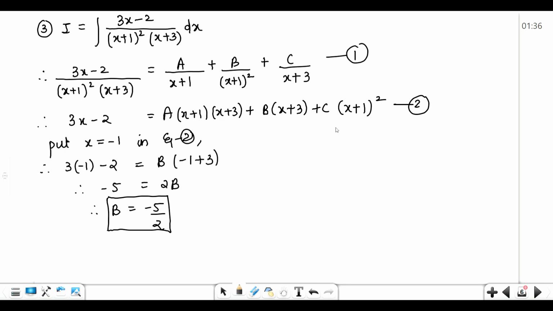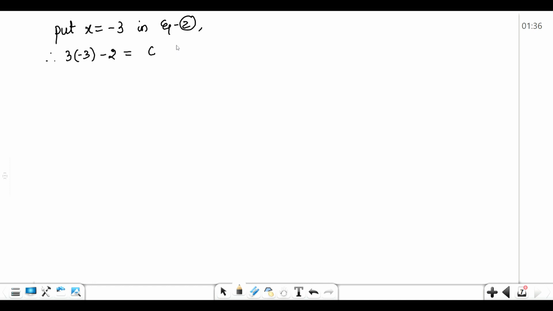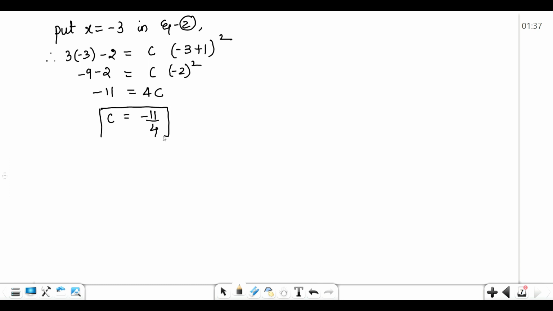We are left with only C. So C will be equal to (minus 3 plus 1) the whole square. That will give you (minus 2) the whole square, that is 4C, and this will be minus 9 minus 2, that is minus 11. So C is equal to minus 11 upon 4.